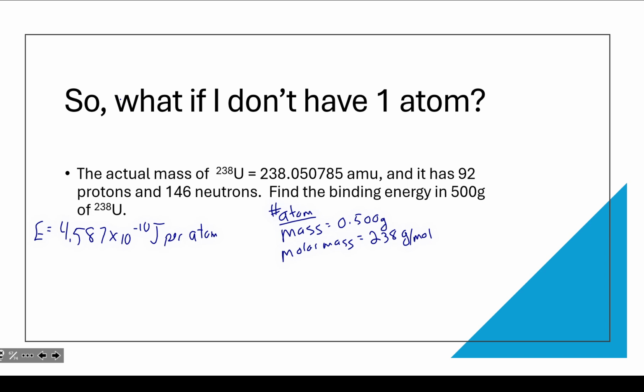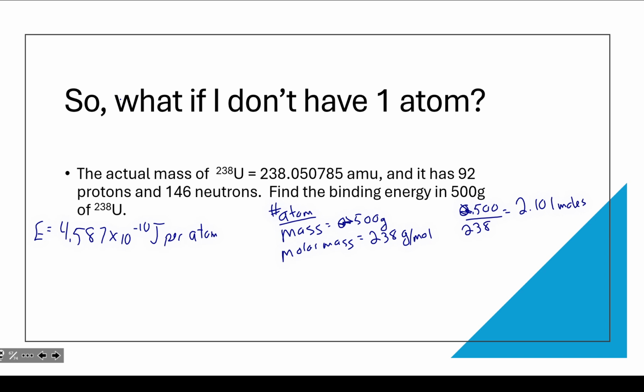Wonderful. So if I divide those two, I should get, oh, sorry, it should be 500 grams. No wonder my answer is a little funky. 2.101 moles.